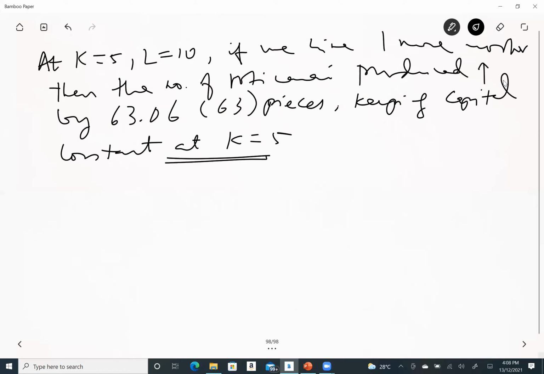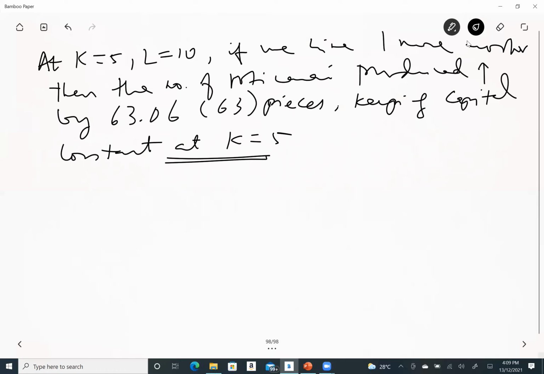So given that currently you have 10 workers, 10 stoves, if you add one more labor, you hire one more worker, then what happens to the roti canai produced? The amount of roti canai that can be produced will increase by 63 pieces, keeping capital constant. So you don't add any more stove, you just add one more worker. So that is the marginal productivity of labor.